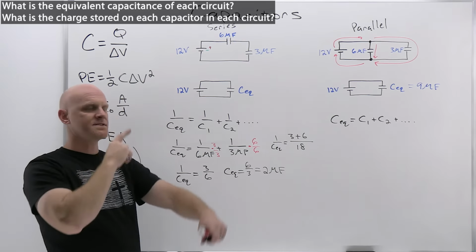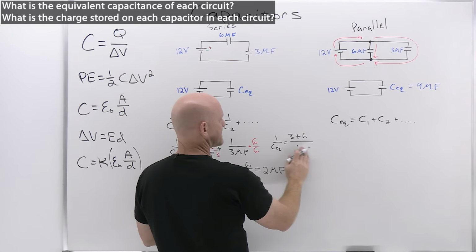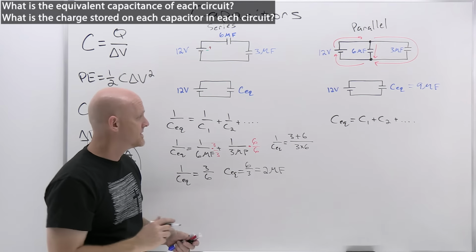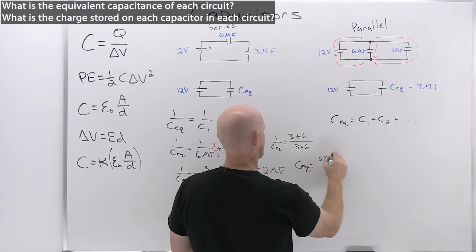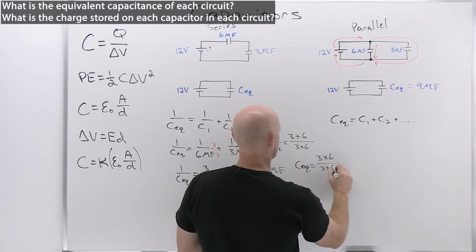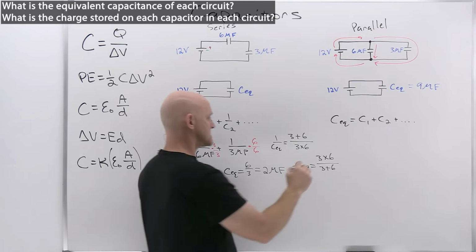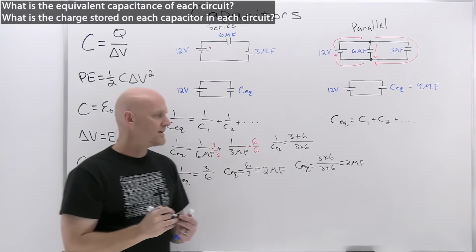Well, if you go back and flip both sides over, and notice instead of writing 18, I'm going to write this as 3 times 6. That's where the 18 comes from. And so if we just solve for that equivalent capacitance, we get 3 times 6 over 3 plus 6. And you'd get 18 over 9, and you'd get 2 microfarads. And it works out the same way.